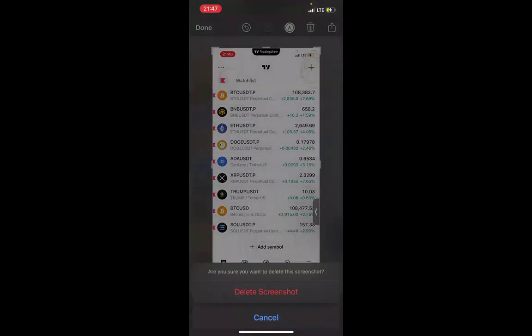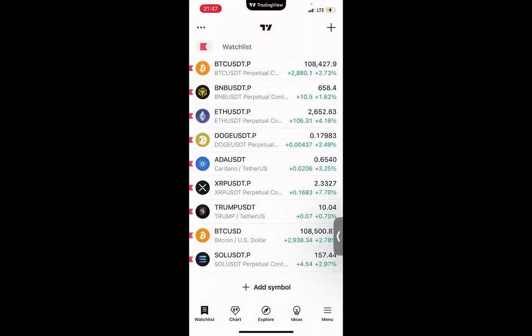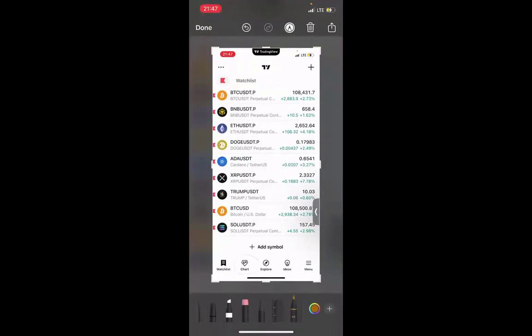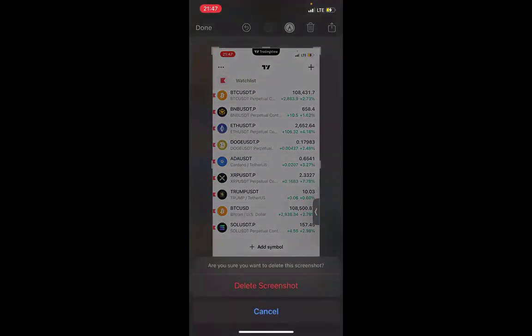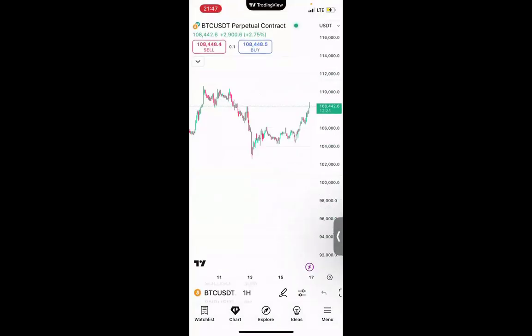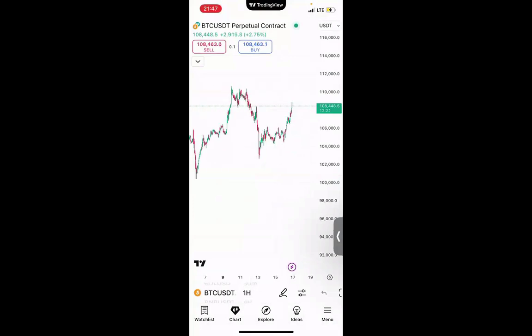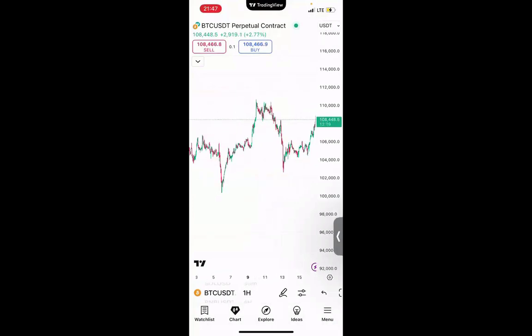So now let's go to the chart. Down below, the next button you will see is the chart. Once you click on the chart, for example, here on this chart, I have BTC USDT.